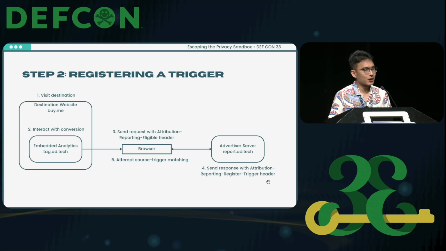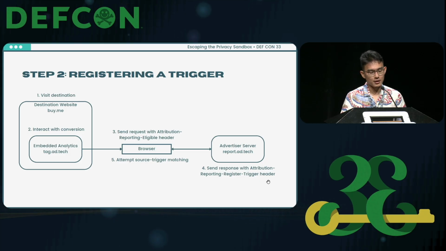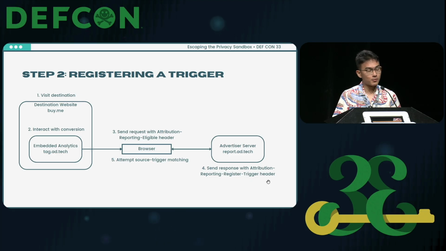So what's step 2? Step 2 is a trigger. So you may click on that ad, you may go back to the website that was advertised later and make a purchase. And regardless of that, this is counted as a conversion that they may want to register. In order to do so, it's going to send a request again by your browser with the attribution reporting eligible header, and the ad tech server is going to respond accordingly as well.